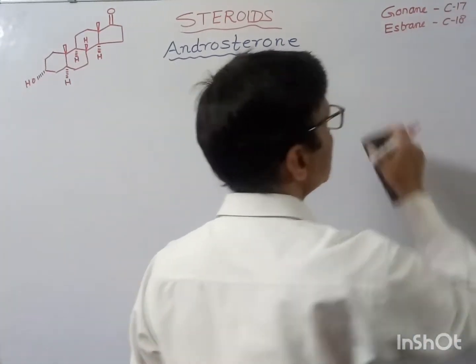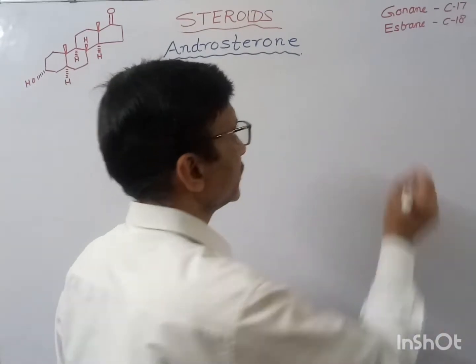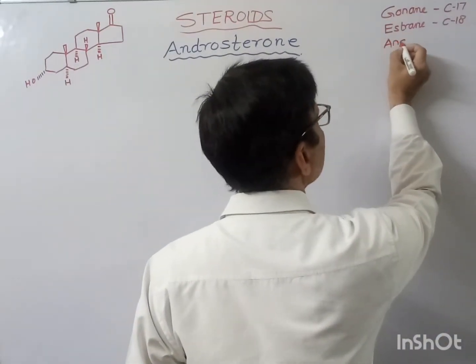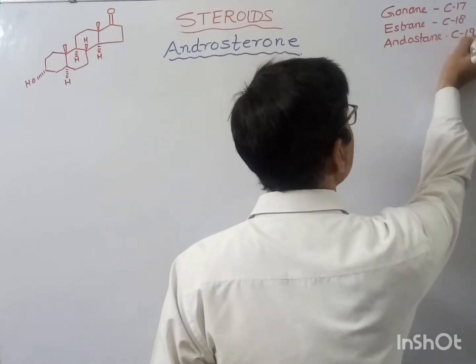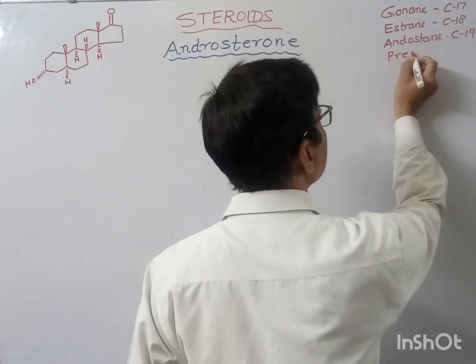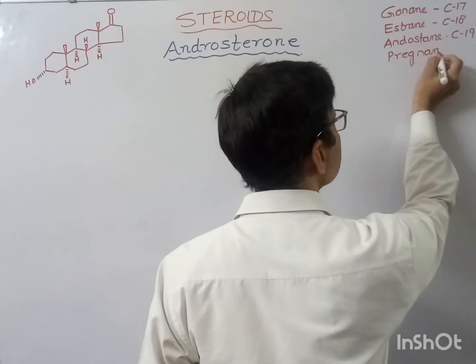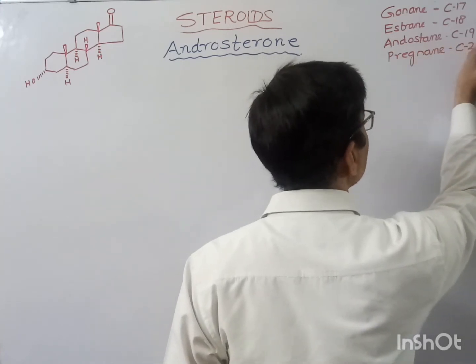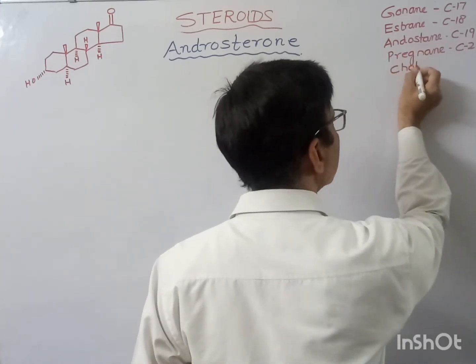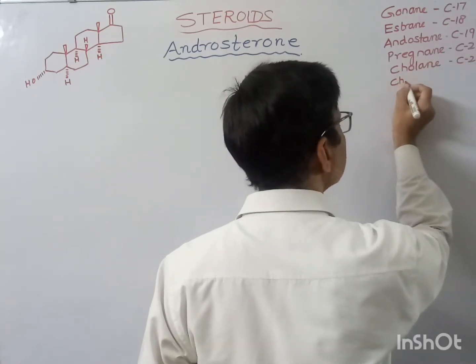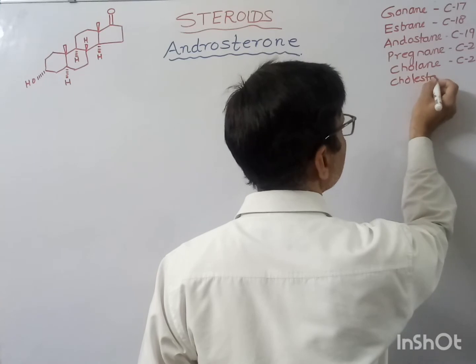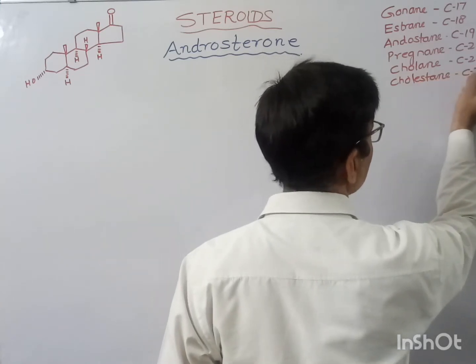After C18 we have androstane, which is the C19 nucleus, and then pregnane is the C21 nucleus, cholane is the C24 nucleus, and cholestane is the C27 nucleus.